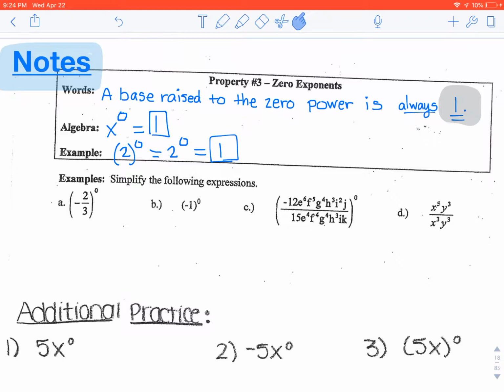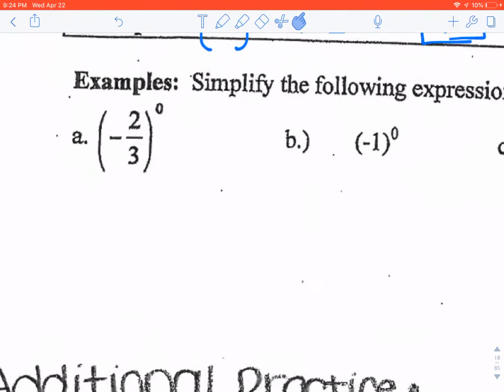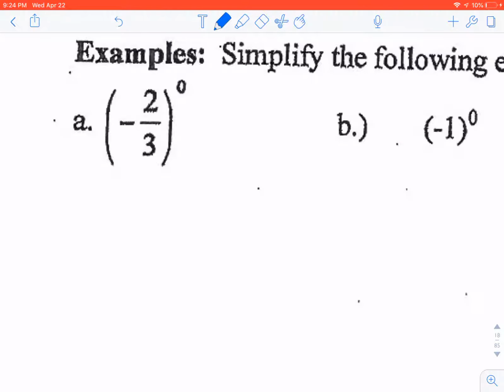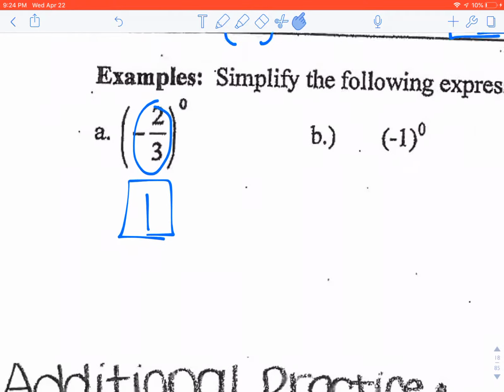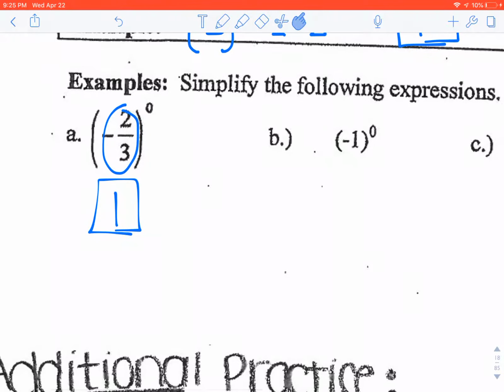All right, let's look at the examples below. Okay, letter A. No matter what is inside parentheses, that whole negative 2/3 is raised to the 0 power. So the entire solution is 1. Any base raised to the 0 power is 1. Letter B, same thing. We have a negative 1 raised to the 0 power.